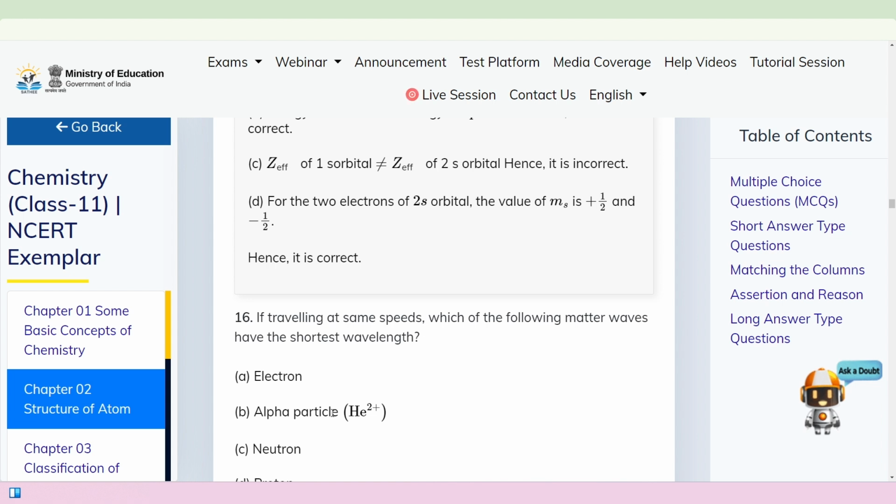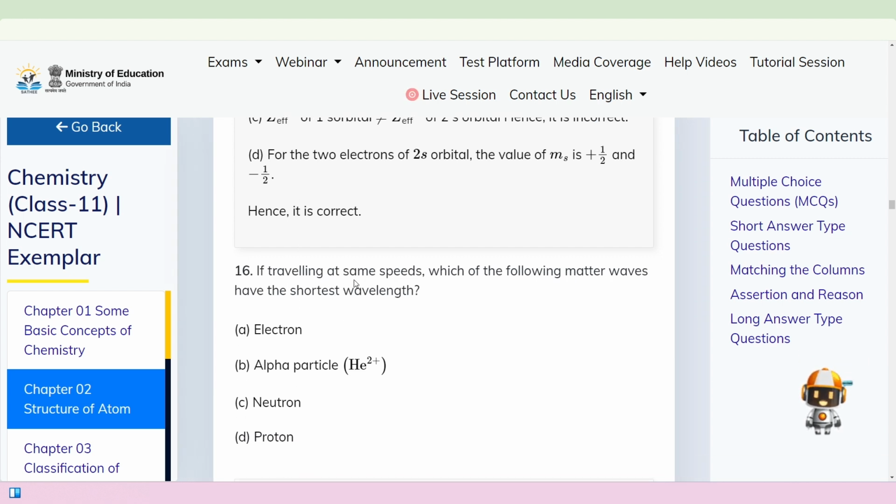Okay, next question. Here we have to see, if they are traveling at the same speed, which will have the shorter wavelength. This is a very good question to consider. You have to apply the de Broglie principle here. If you are dealing with the chapter, it may seem easier at the time because you know every concept.